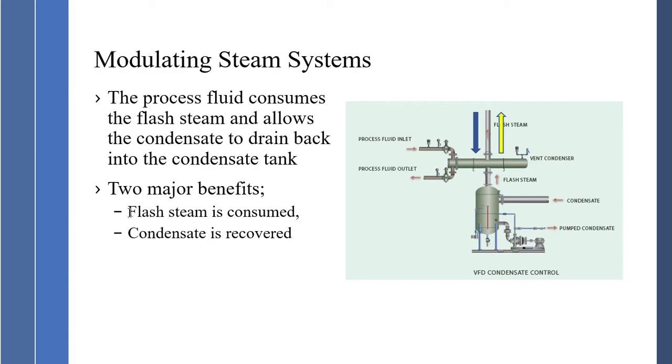Two major benefits: flash steam is consumed and condensate is recovered. It is very easy to install, and usually has less than a year and a half payback on any system.